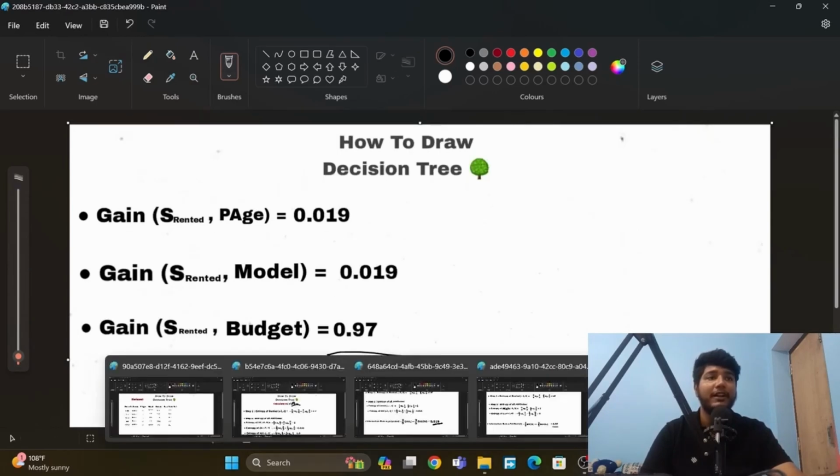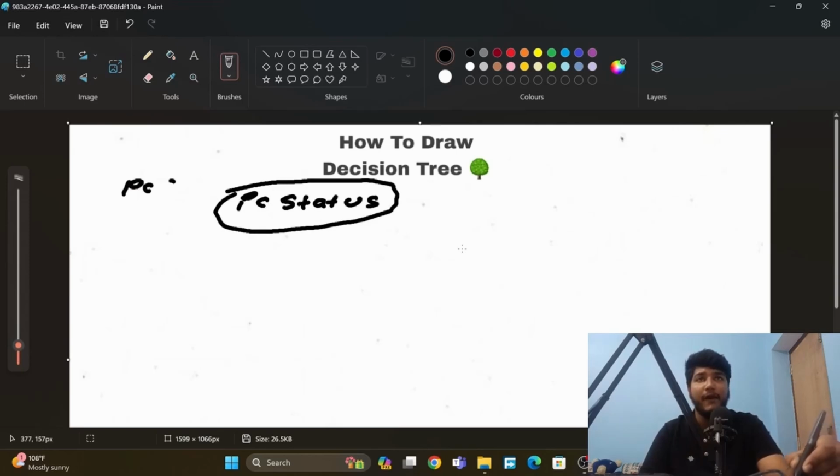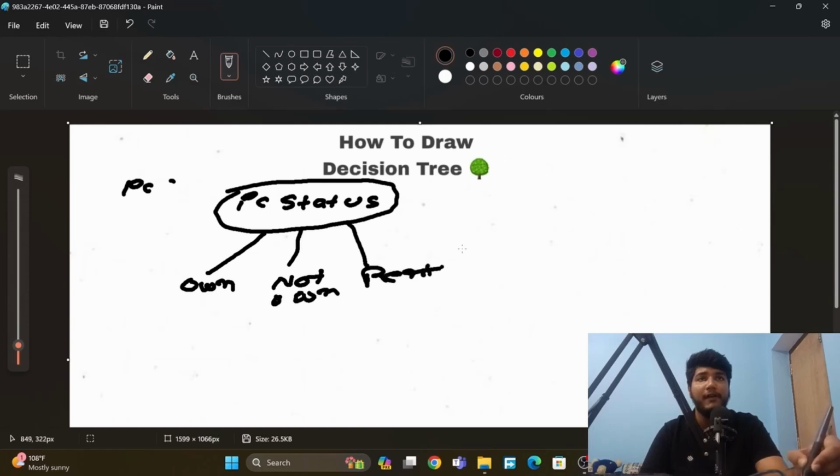So let's draw the decision tree fully here. We already know our root node is PC status, and this has 3 values: own, not own, and rented.